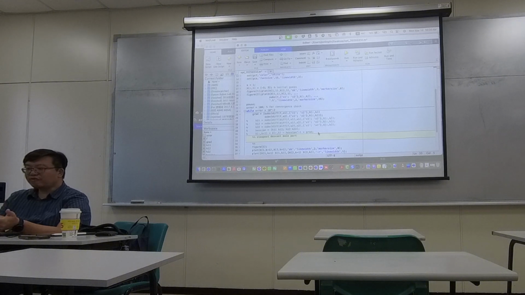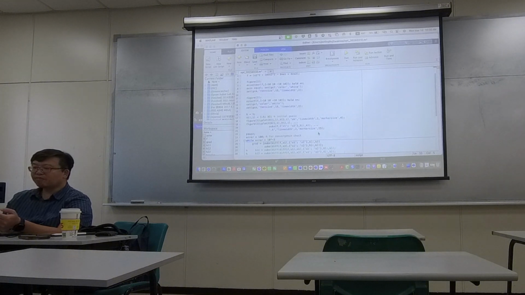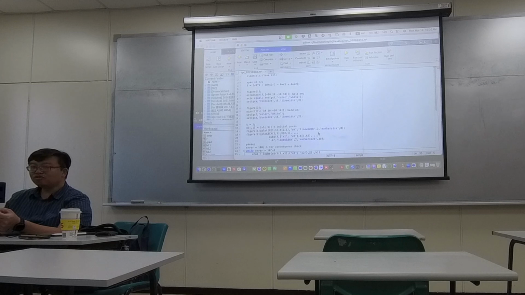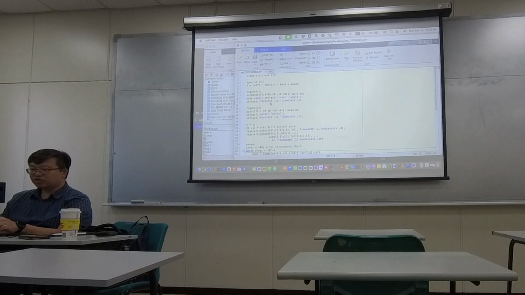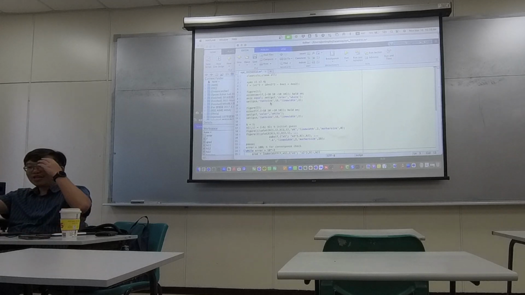We need to define something called alpha, but alpha is a lot of words in computer, so I'm gonna call it just capitalized A. So my capitalized A is alpha.